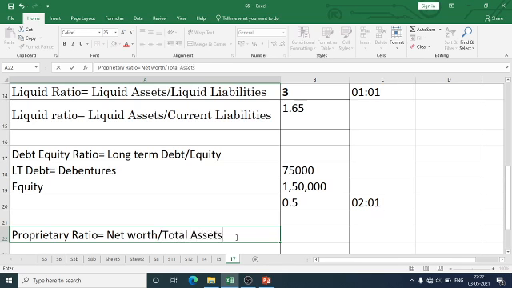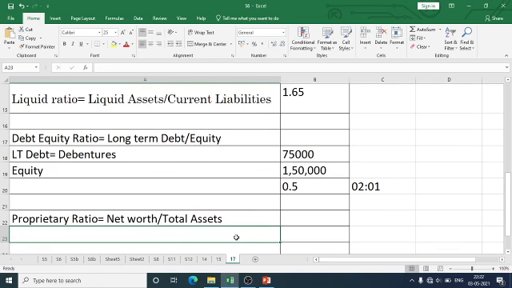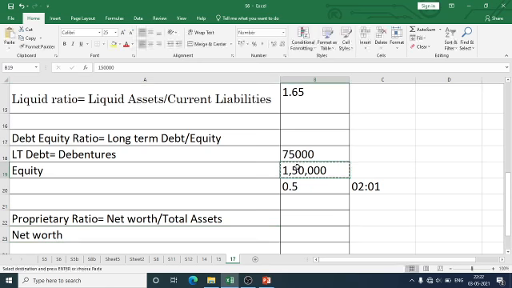So here net worth means equity capital, reserves and surplus minus fictitious assets, and total asset also is total asset minus fictitious assets. But in this problem there are no fictitious assets, so net worth is directly the equity capital only. That is already considered here, 1,50,000.